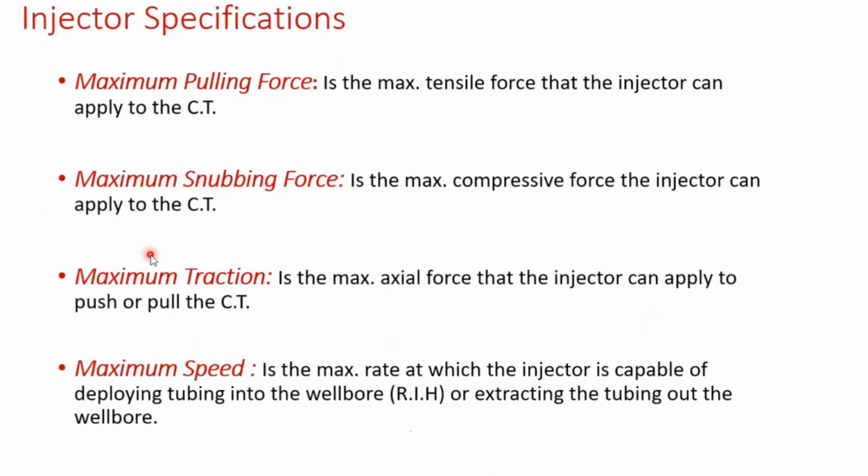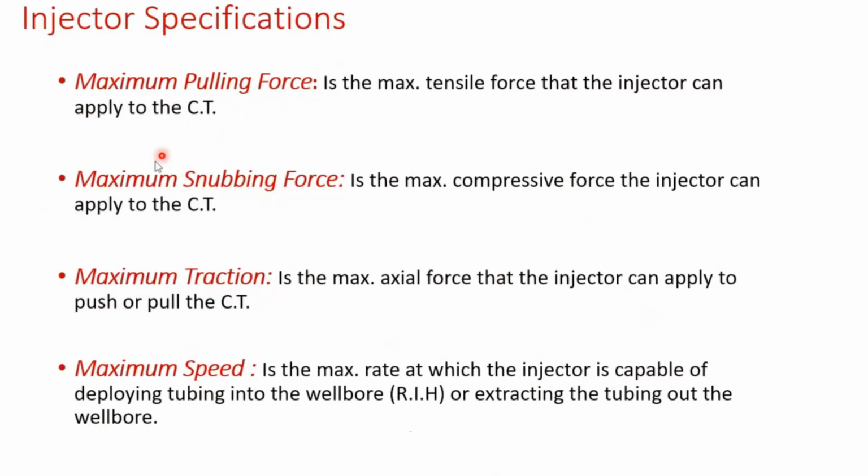Let's talk about the injector specification. What the injector can do: the maximum pulling force, the maximum snubbing force, the traction it can exert on the pipe, and the speed it gives.